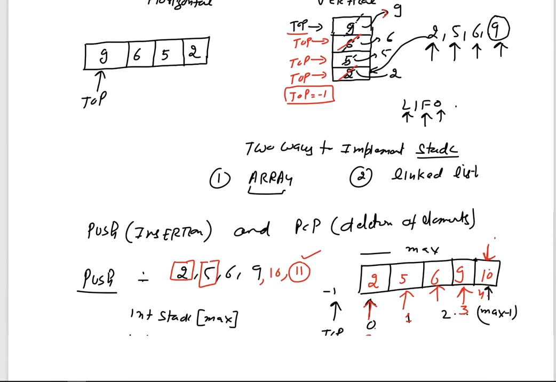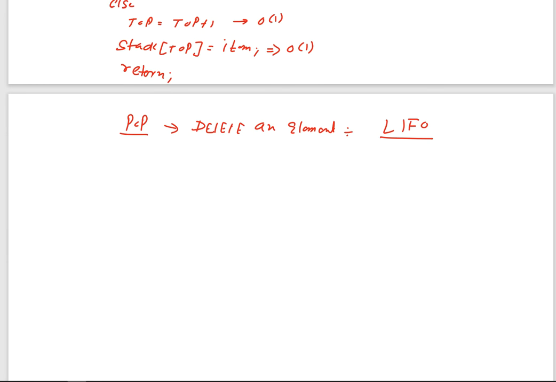So in the form of an algorithm, how are we going to write it? We just need the pop function, and let us suppose we take a temp variable.